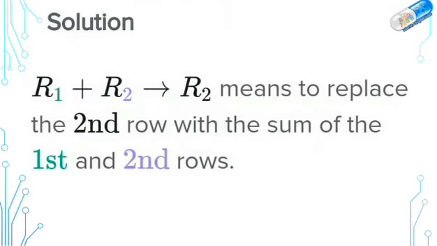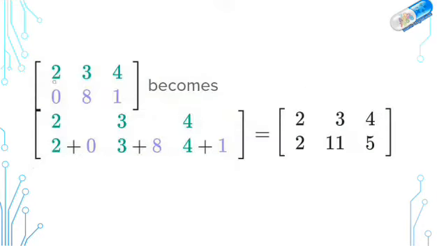This means that the first row will remain without change. So R1 plus R2 replaces R2 means to replace the second row only with the sum of the first and second rows as follows. So this is the original matrix. It will become 2, 3, and 4. This is the first row without change here. And look here at the second row.